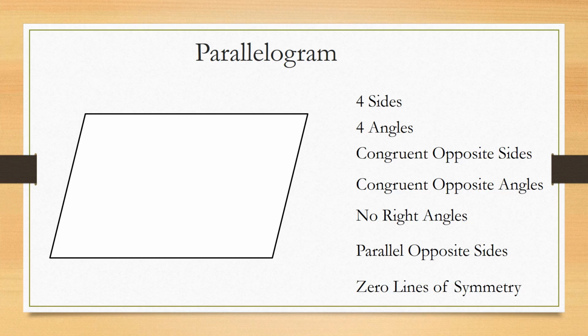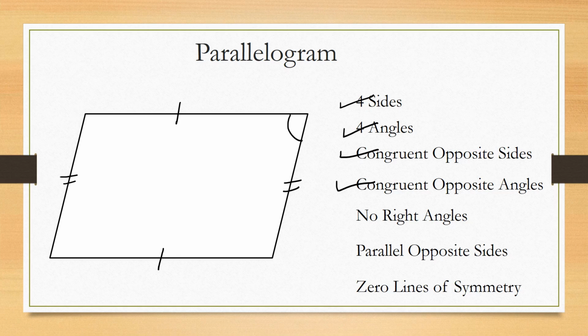This is a parallelogram. A parallelogram is a quadrilateral that has 4 sides, 4 angles, congruent opposite sides. That means this side is congruent to this side, and this side here is congruent to this side. They have congruent opposite angles.